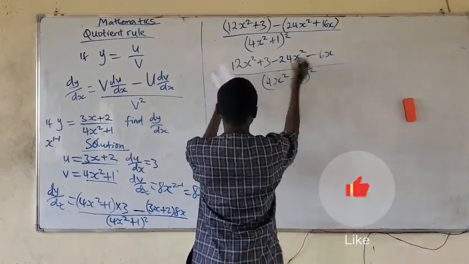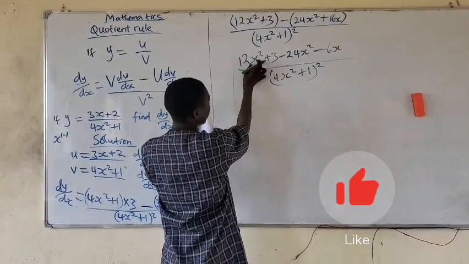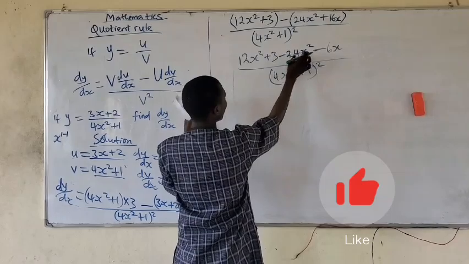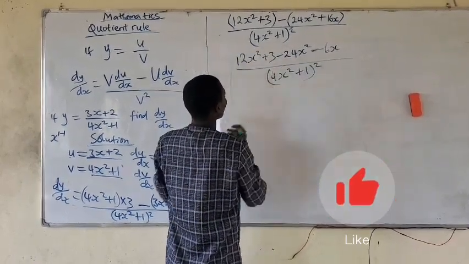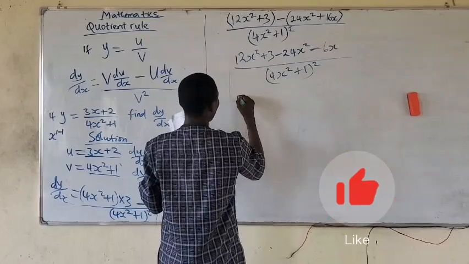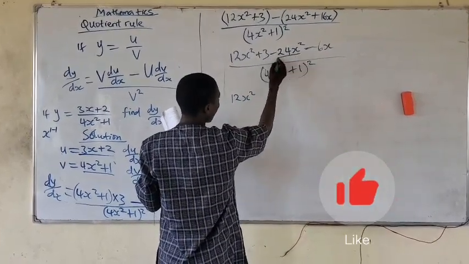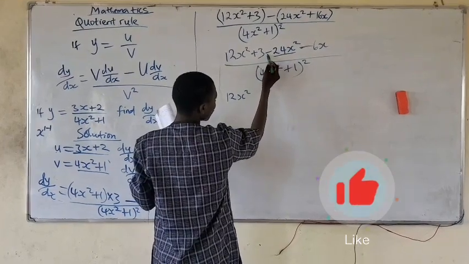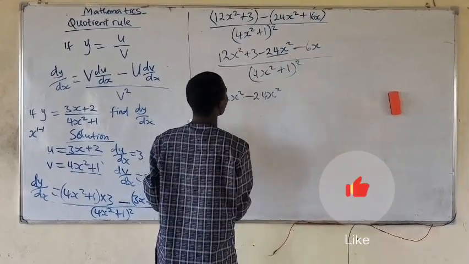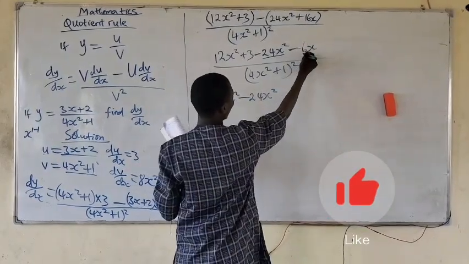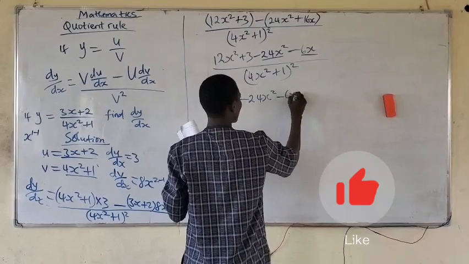So let's collect the like terms. If you look at this, the x squared here is also x squared, so we can bring the two of them together. We have 12x squared. Mind you, this 24x squared is the owner of this minus, so minus 24x squared. Now let's bring this one, minus 16x, minus 6x.